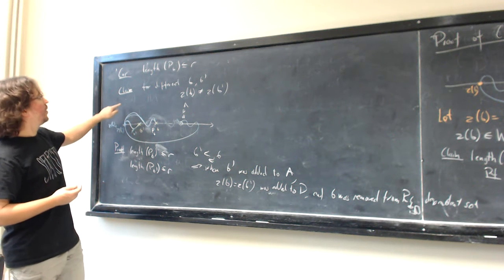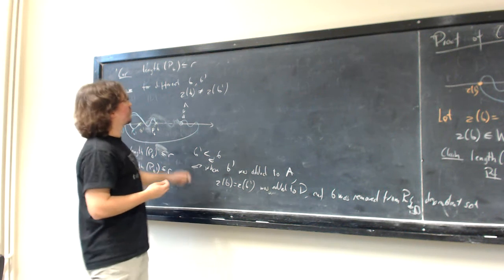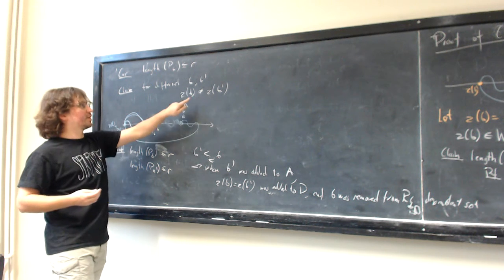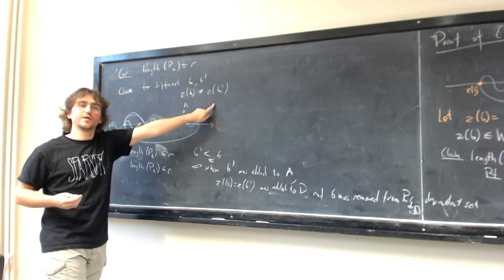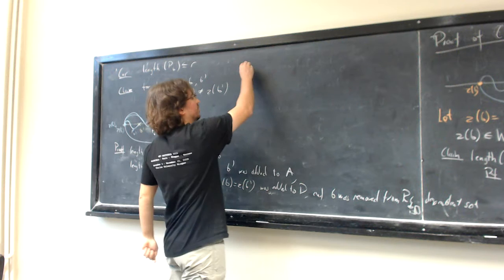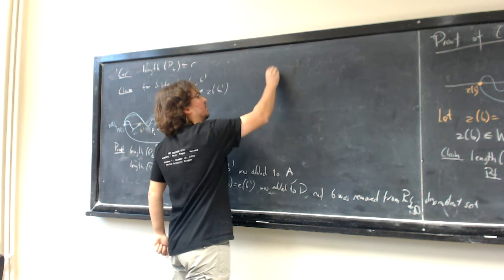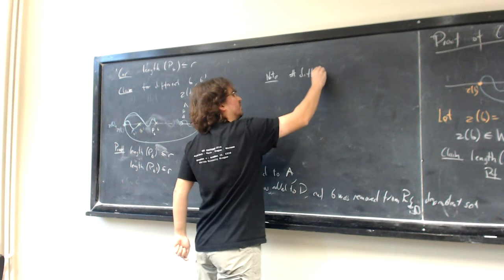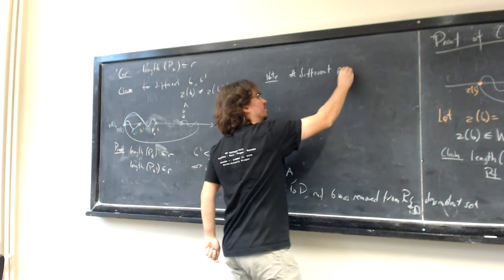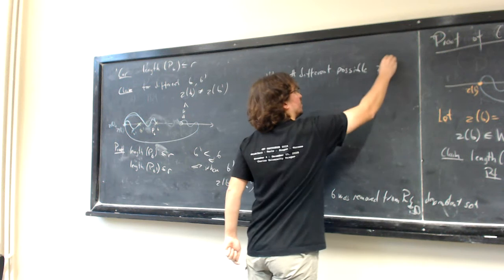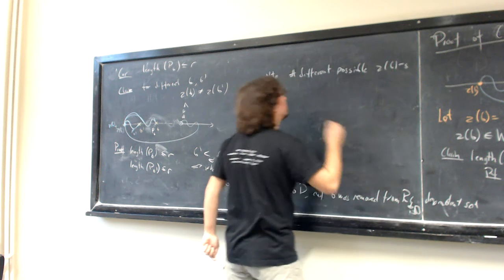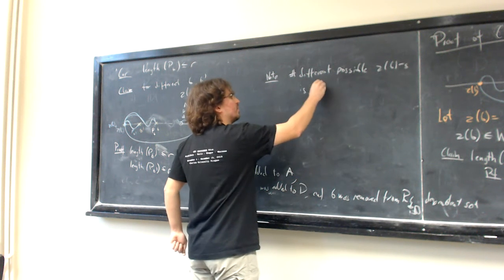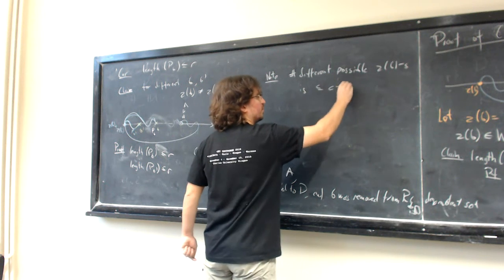right? Because if for different B and B prime I've got different Z of B's, yes, then I see that the number of different possible Z of B's is at most, well, C minus 1. Yeah?